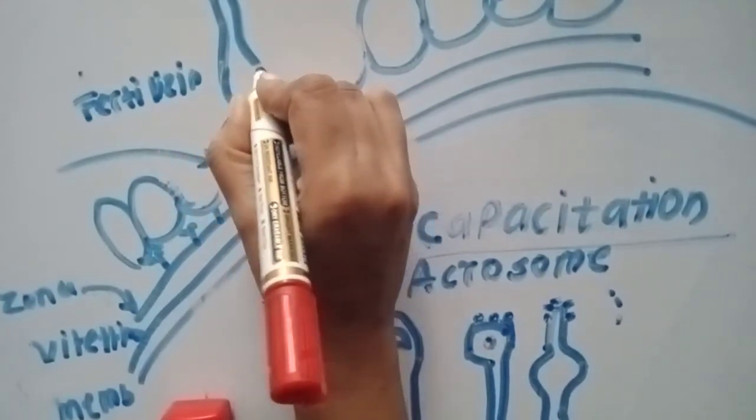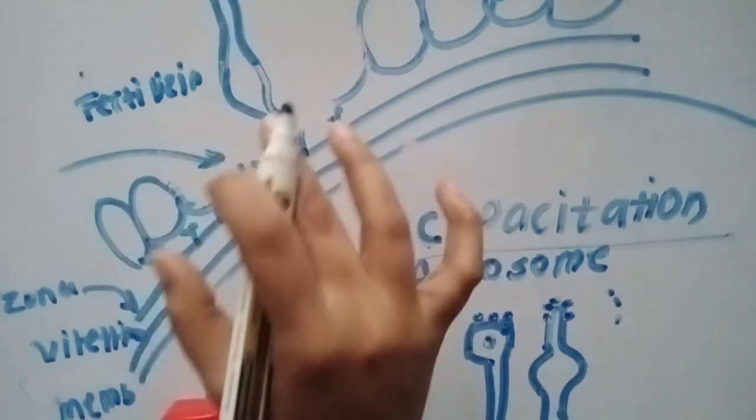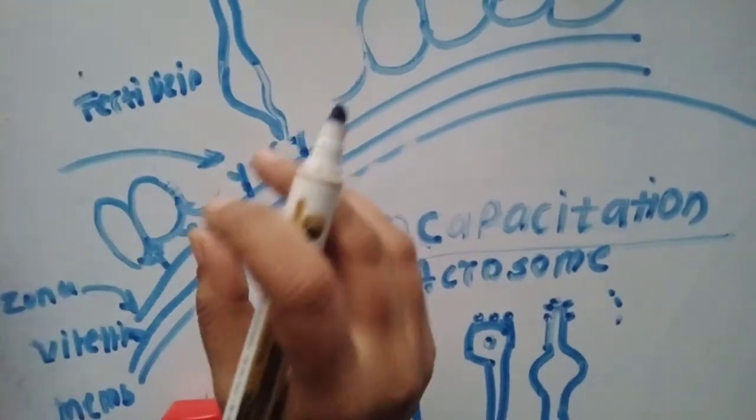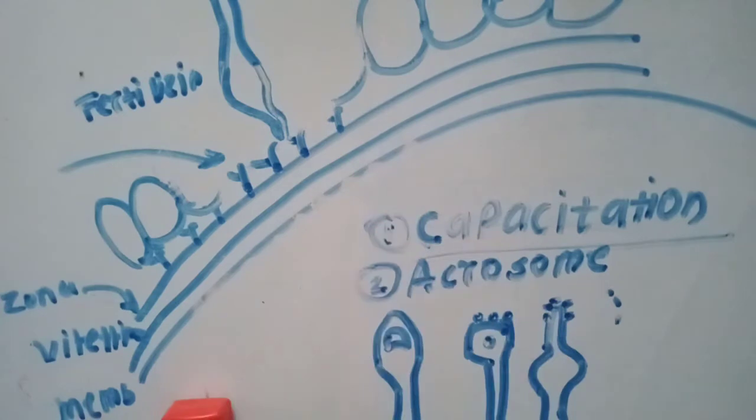Species specific means what? Suppose this is the egg membrane of a frog, and the sperms of fish enter here. Fertilization will not take place, because the frog's egg receptors will bind with only frog sperms. So this is a species specific, compatible reaction.